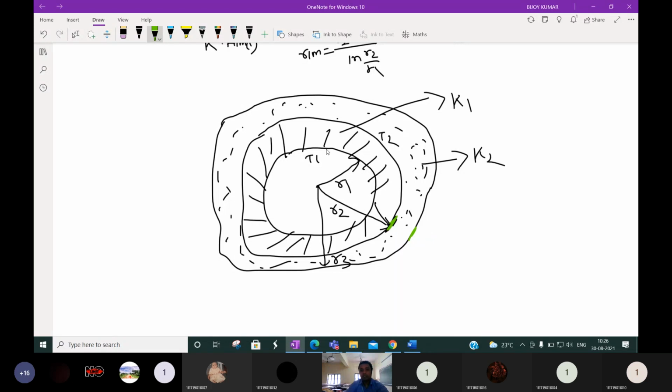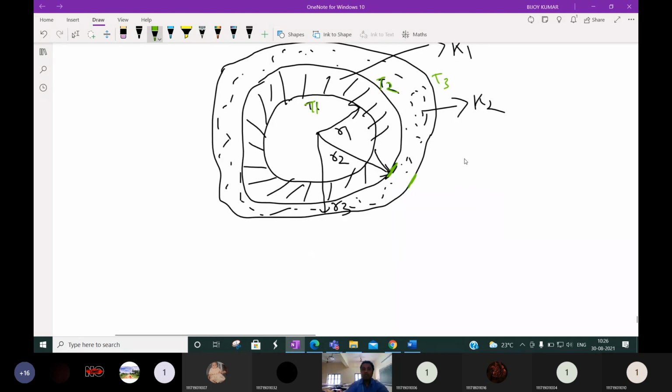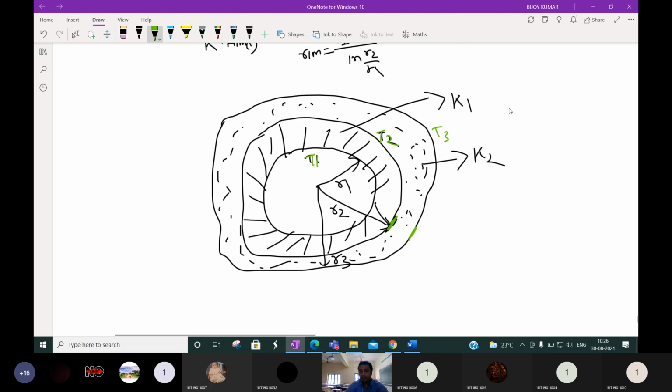Now suppose the temperatures are T1, T2, T3. Then suppose T1 is greater than T2. Then the heat will transfer from inside to outside. So what is that heat transfer?